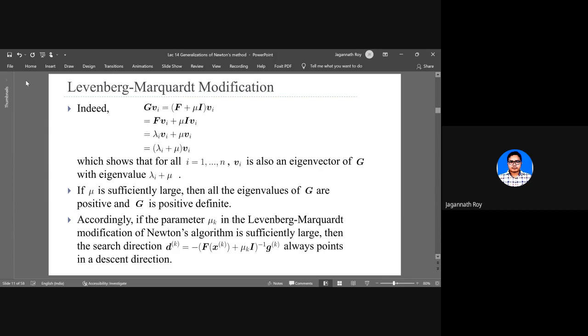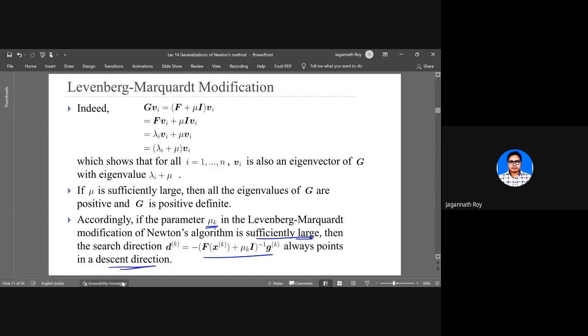It has been proved that if we take a sufficiently large mu value, then the direction is a descent direction.